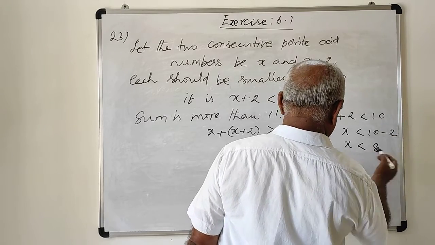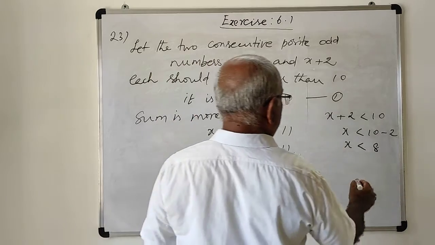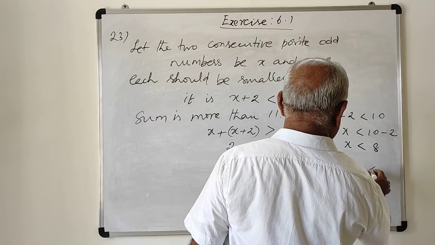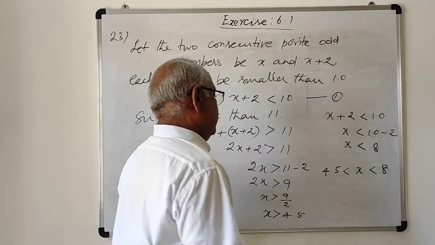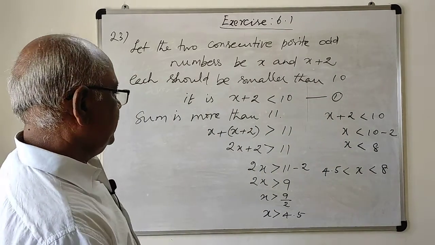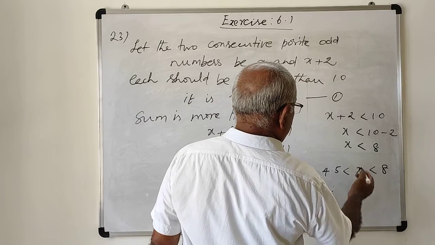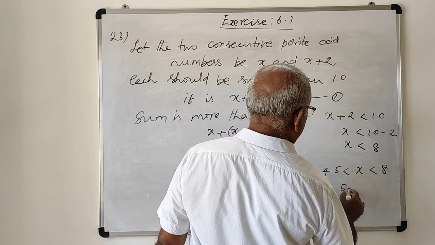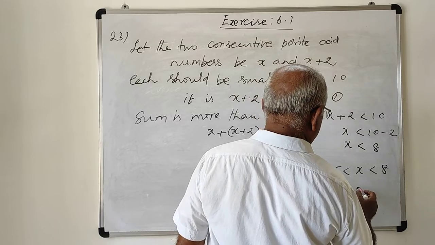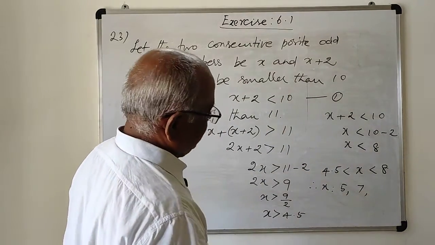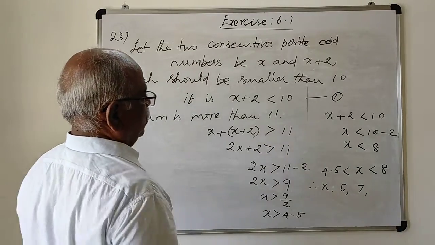X is less than 8 but greater than 4.5. So x is greater than 4.5 but less than 8. So the odd number next to 4.5 is 5. Therefore the x values are 5, next one is 7, but less than 8. 5 and 7 only.